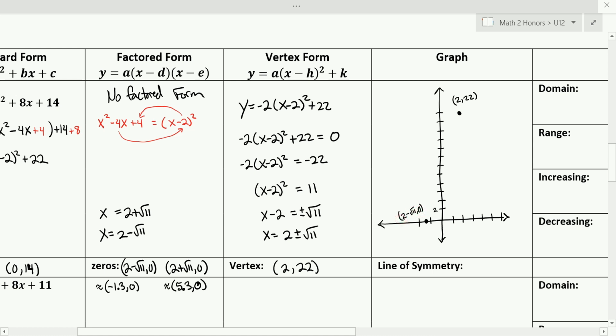And then 5.3, so 1, 2, 3, 4, 5, a little bit more than 5. That's my 2 plus root 11, 0. And I have a y-intercept at 0, 14. I counted by 2s. It'll be right there.